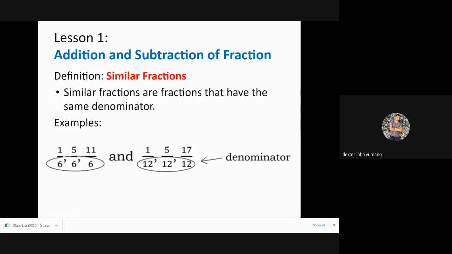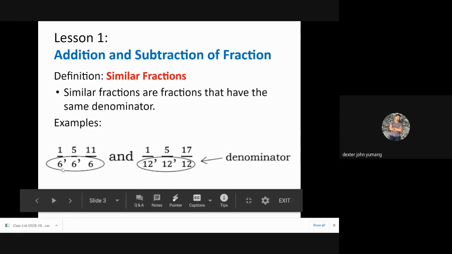The first one is a similar fraction. By definition, similar fractions are fractions wherein the denominators are the same. Kindly look at this. We have 1/6, 5/6, 11/6, and they have the same denominator, which is 6.